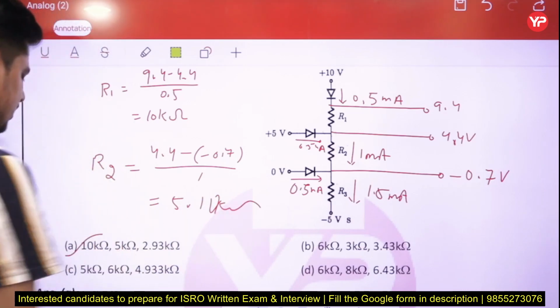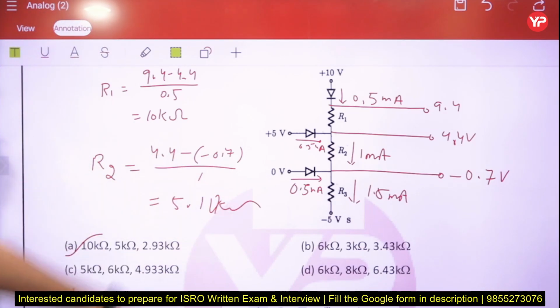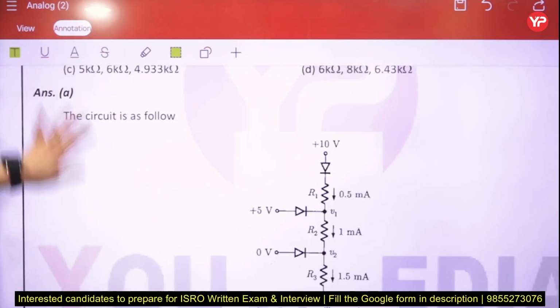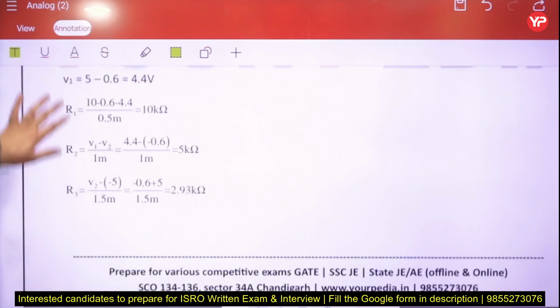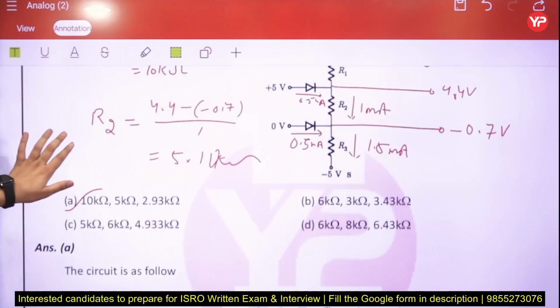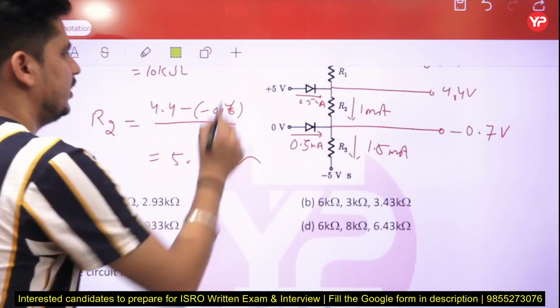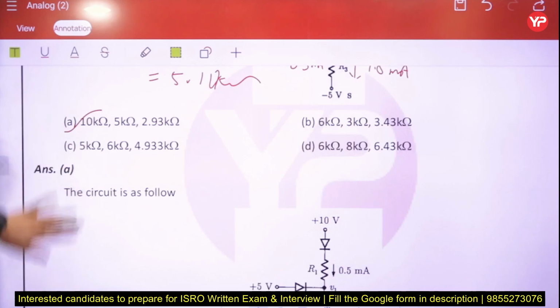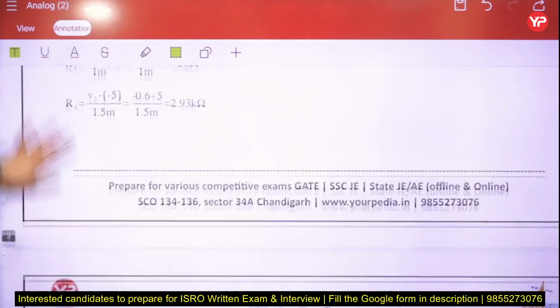So A is the answer. Like that you can calculate the last value. Okay, next. Oh, that is not 0.7, that is 0.6 volt, right? So that's why it is going to be 5. Yes, similarly you can calculate the last resistance.